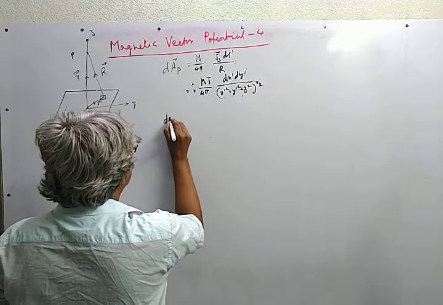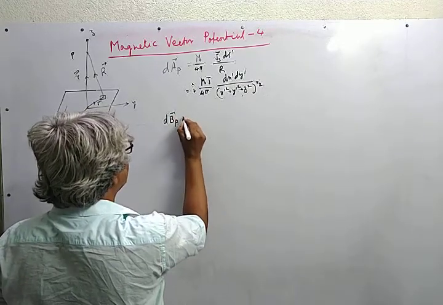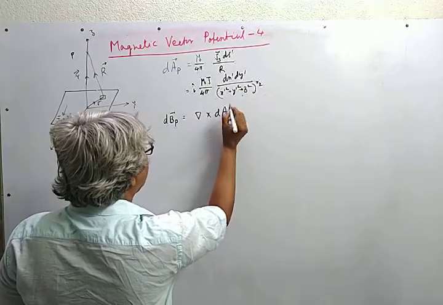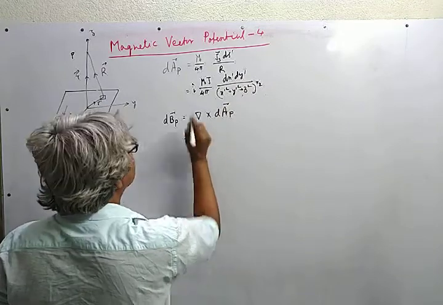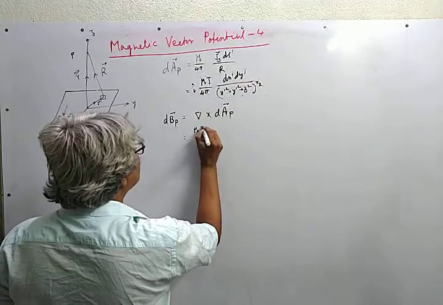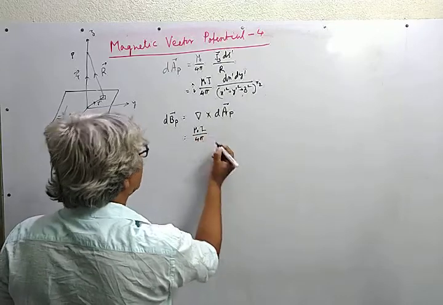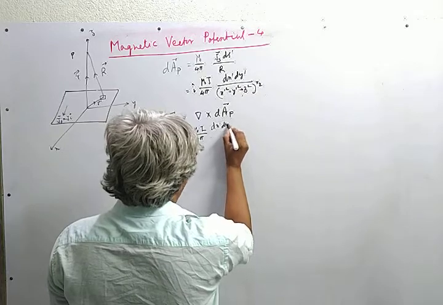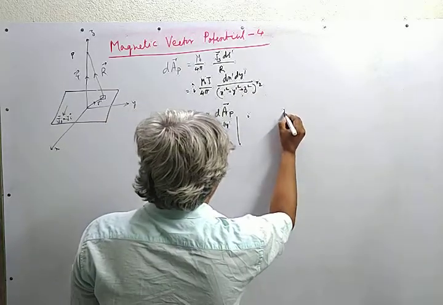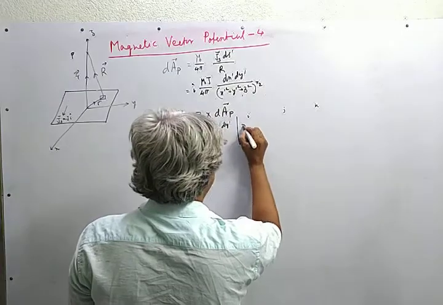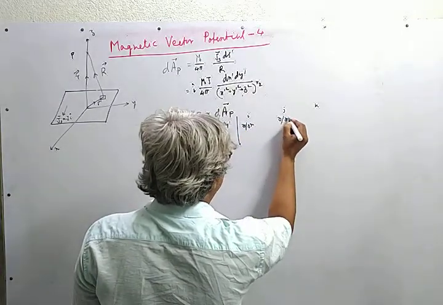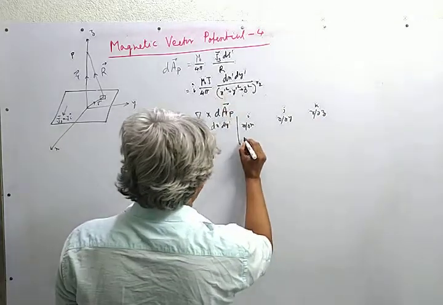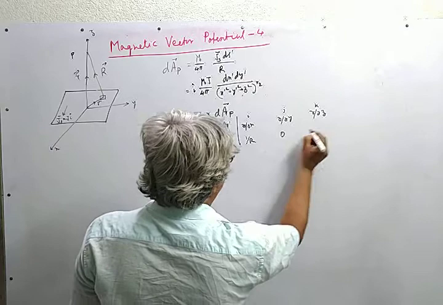So dB at P, which is the magnetic field corresponding to this, is curl of dA at P. So this is mu 0 J upon 4 pi dx prime dy prime, then the determinant i cap, j cap, k cap, del x, del y, del z, and then it is along the x direction, so it is 1 by r, 0, 0.